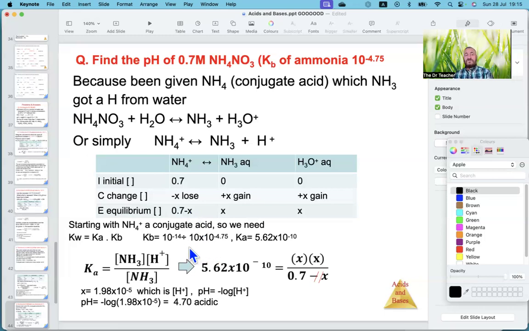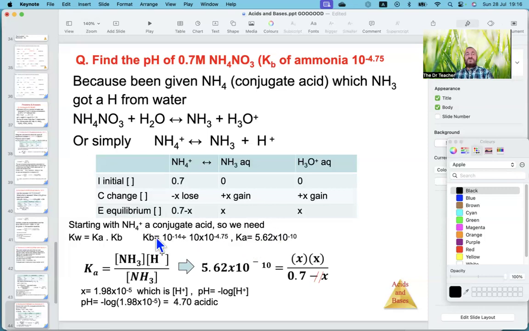Starting with NH4 plus, a conjugate acid, we need Kw. Kw equals Ka times Kb, so Ka is Kw divided by Kb, and this will give you this value.